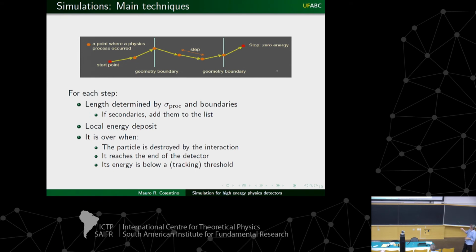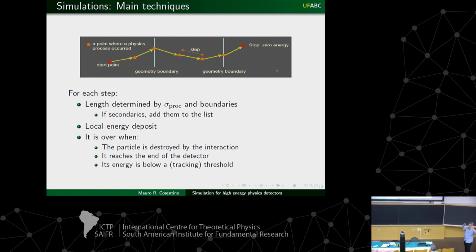So if you put in lots of processes, tiny Coulomb scatterings, etc., you have several short steps, and this simulation may last forever. It will not be ready in a human lifetime, even if you parallelize. For each step, the length is determined by the cross-section of the processes. If there are secondaries, they are added to the list of particles.